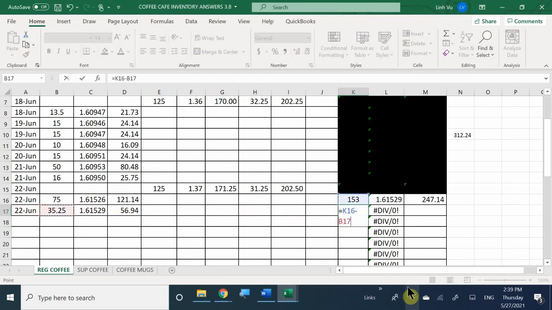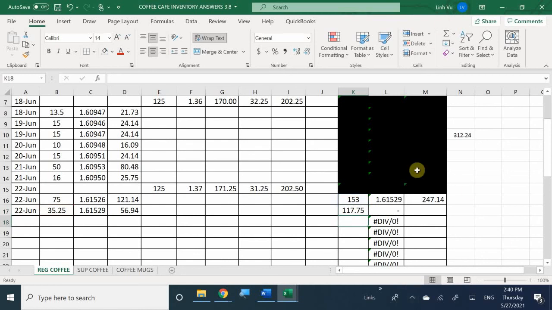Since it's our moving average, we're going to take what we have in inventory on hand. It's going to be the 153 minus the 35 and a quarter, which gives us 117 and 3/4, or 0.75.